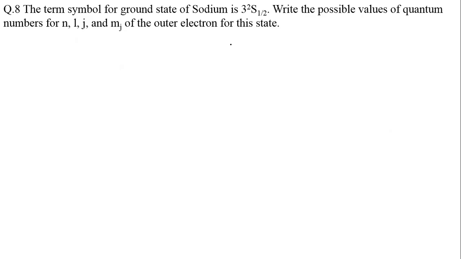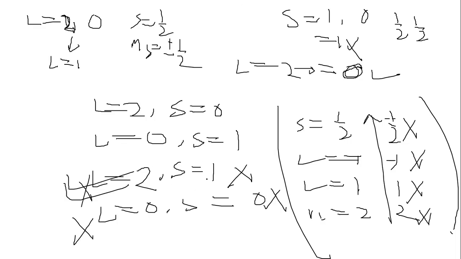Since ml for both cases are equal, we can't consider ms for both cases to be equal. So this particular case will not be considered while we are doing the analysis for LS coupling or jj coupling.